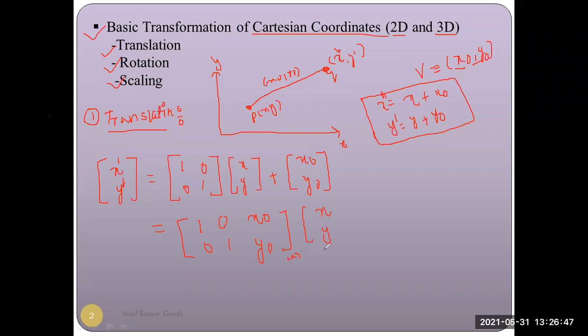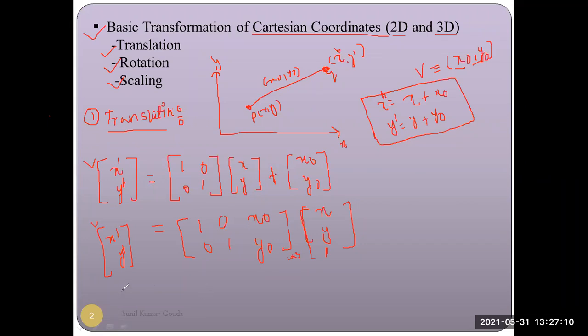Now I will add an additional value called 1 to this matrix. Both are equivalent. Either you can write in this format or in this format. So what is the benefit of this? In this second format, what we have done is written the separate part of x naught and y naught in a similar part.